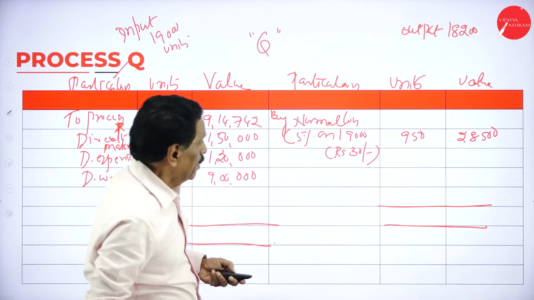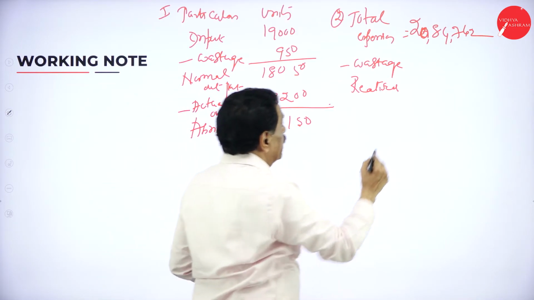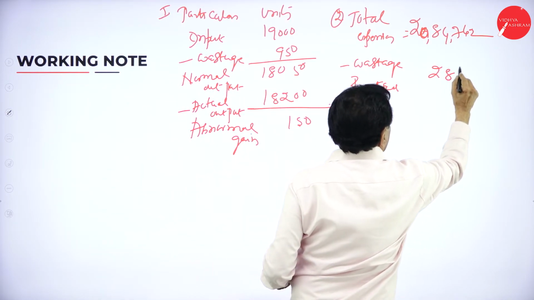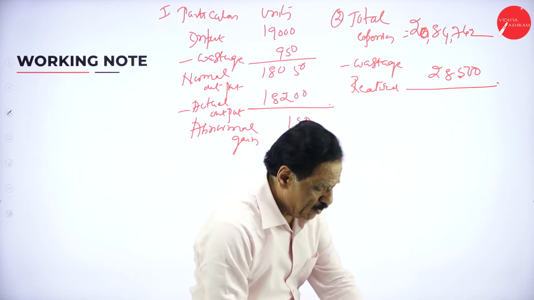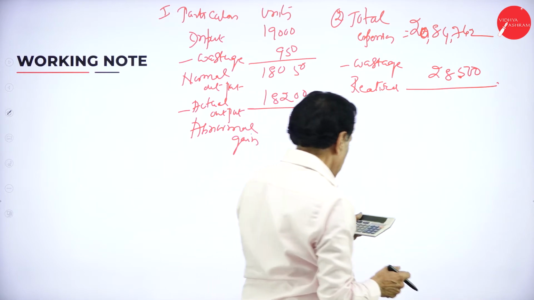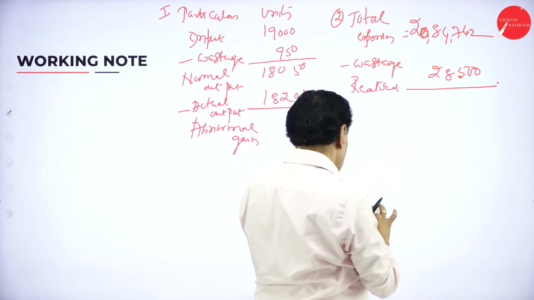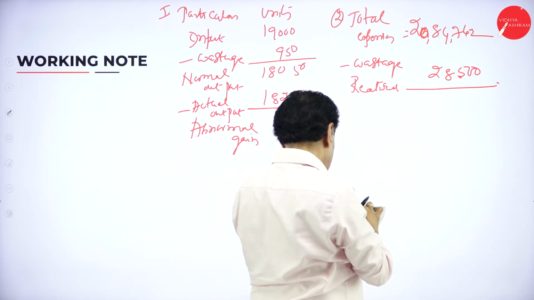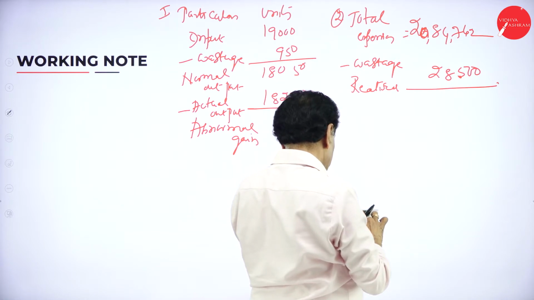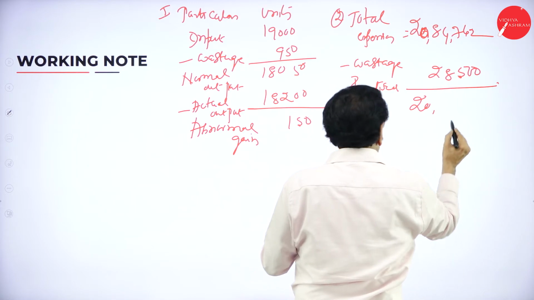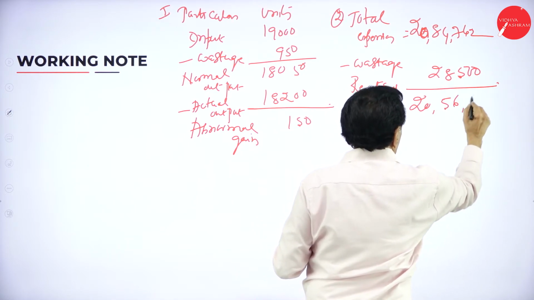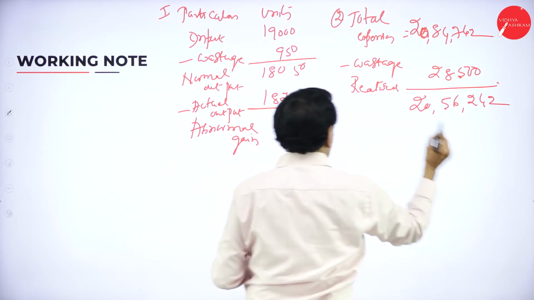See the book: 28,500. Deduct: 20 lakh 84,742 minus 28,500, 20 lakh 56,242 normal cost.